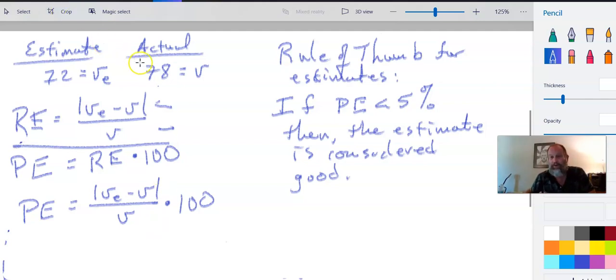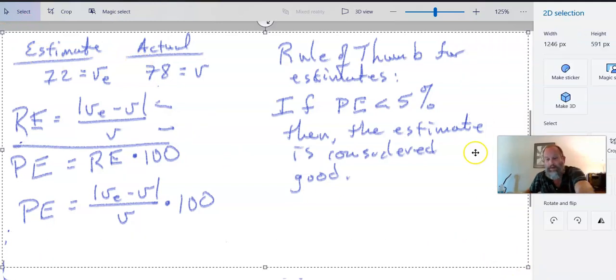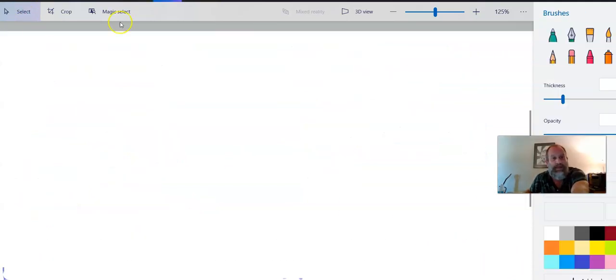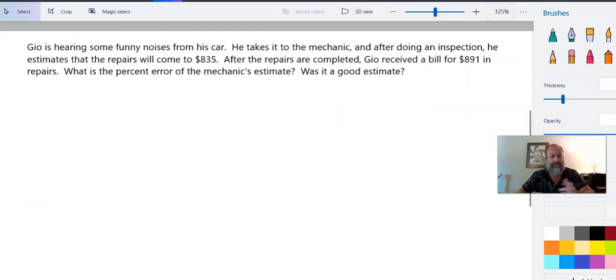Okay, so let's see if we can put all of this stuff together. Let's go ahead and erase that, and we'll look at another problem here. Gio is hearing some funny noises from his car.